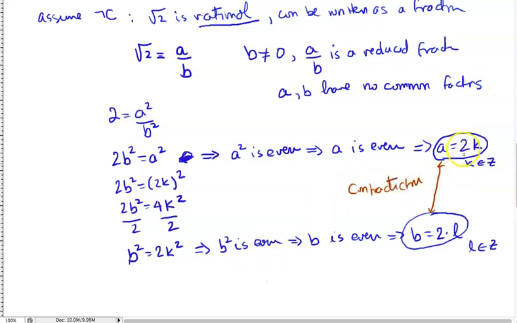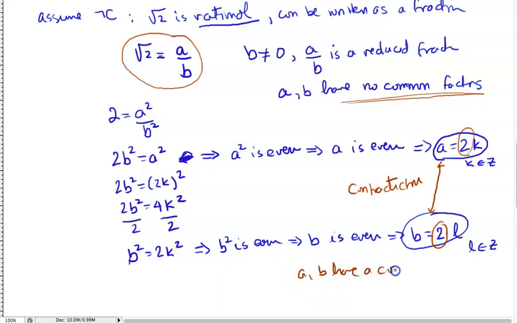All right. So where is the contradiction? If we look back at the beginning, I said that I can write square root of 2 as a over b because it's rational, with a over b having no common factors. But what I arrived at is that a is 2 times an integer and b is 2 times an integer, and they have a common factor of 2.